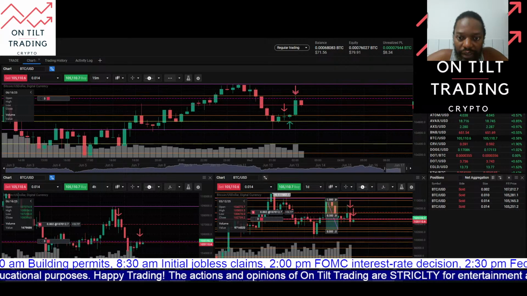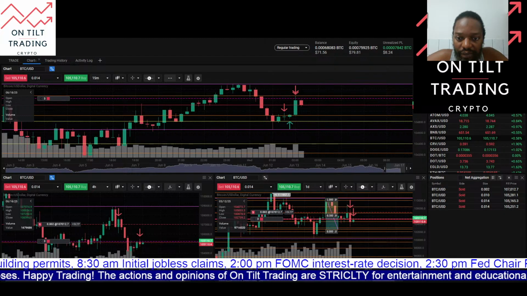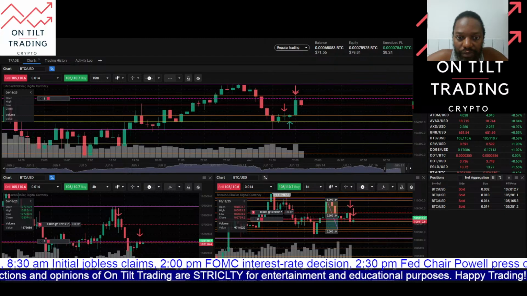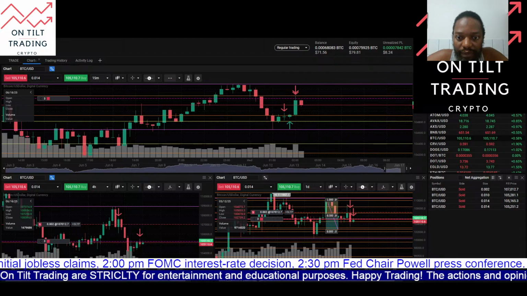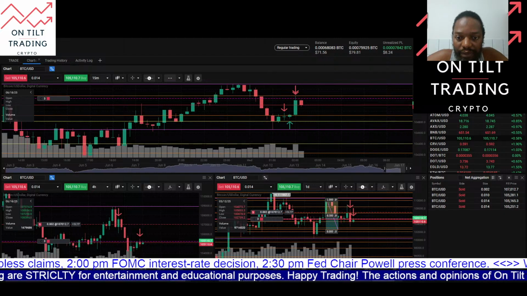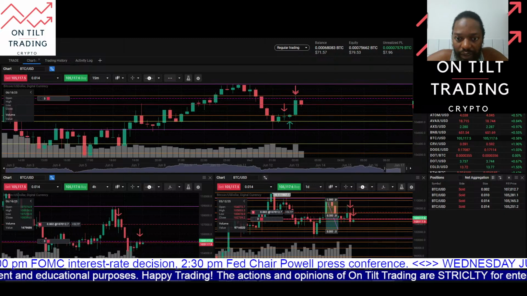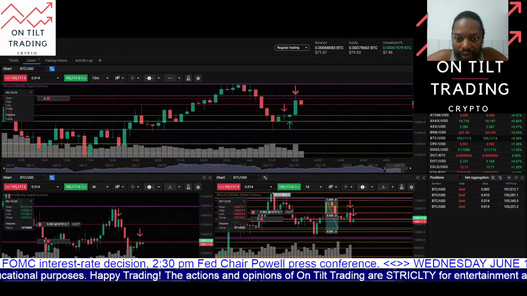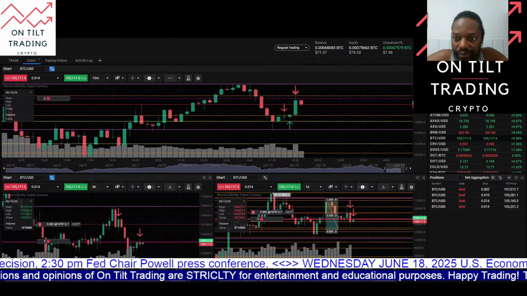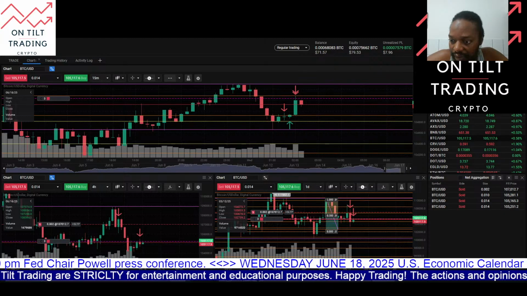So chances are if this candle closes here, I will reduce my risk down to here, and potentially take another position here that'll be smaller than the ones that I currently have.